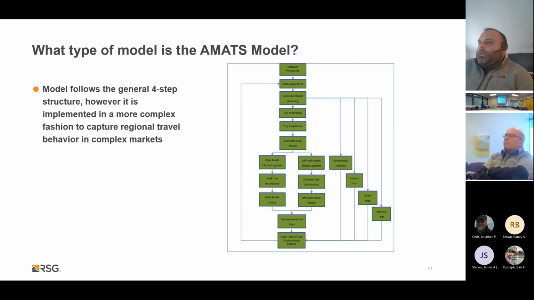Then we go through and process our travel analysis zones, and we start to create our trip duration models. Then we get into calculation after auto assignment, so we run through and preload the travel demand model with volumes.